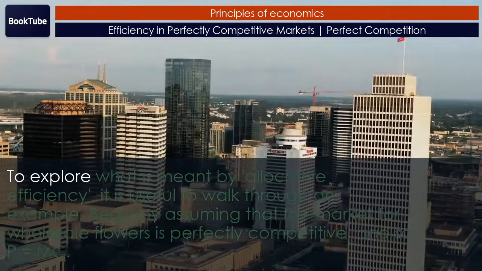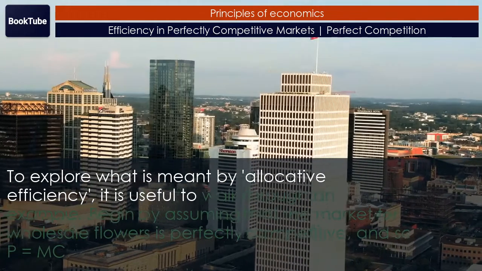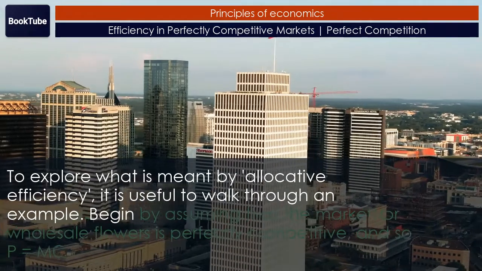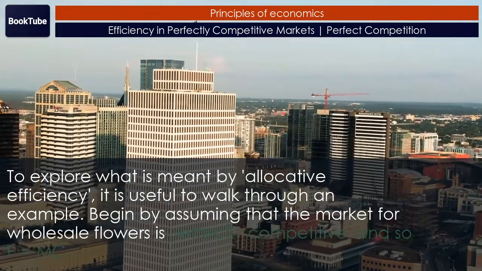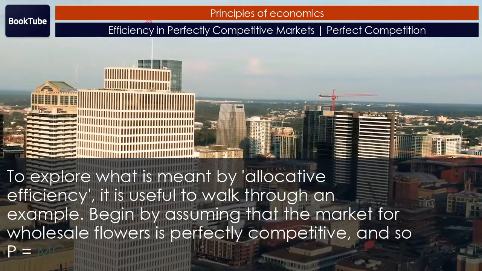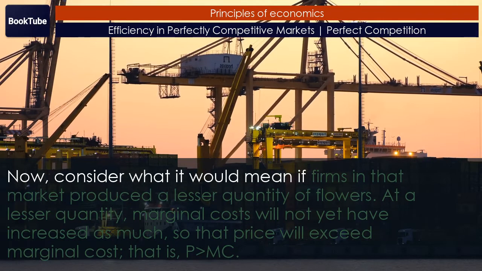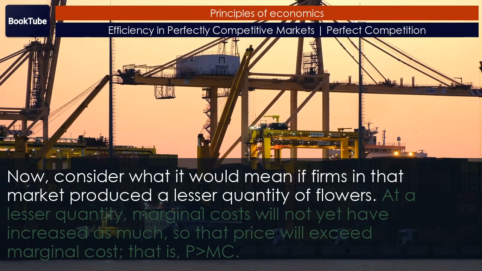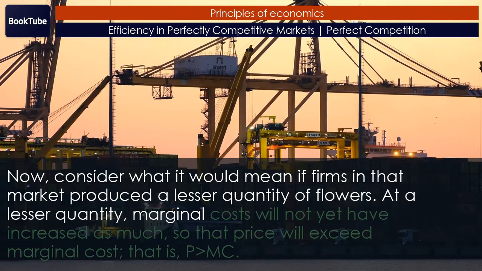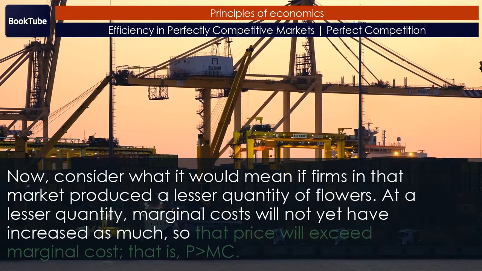To explore what is meant by allocative efficiency, it is useful to walk through an example. Begin by assuming that the market for wholesale flowers is perfectly competitive, and so P equals MC. Now, consider what it would mean if firms in that market produced a lesser quantity of flowers. At a lesser quantity, marginal costs will not yet have increased as much, so that price will exceed marginal cost.